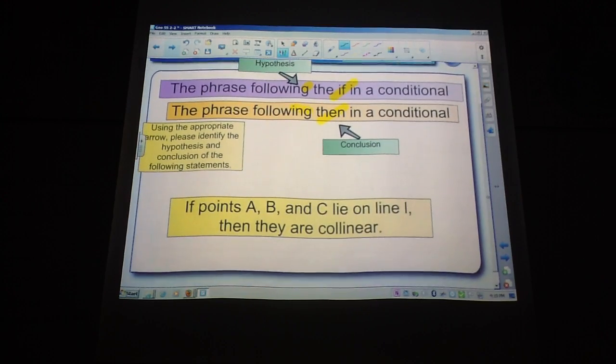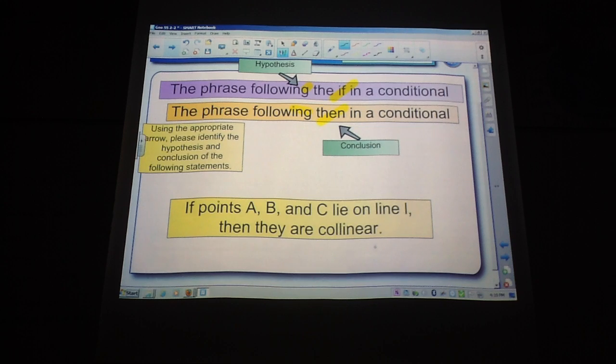Alright, so I think we're supposed to identify the hypothesis and the conclusion here. So it says, if points A, B, and C lie on a line L, then they are collinear. So the hypothesis is the part following the if.